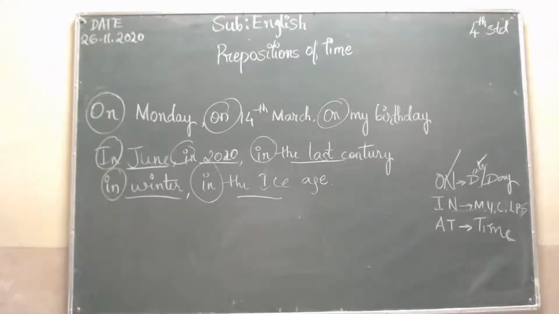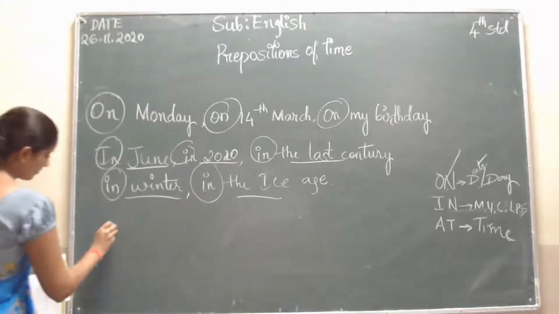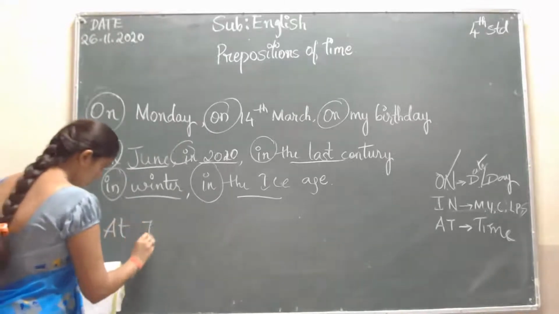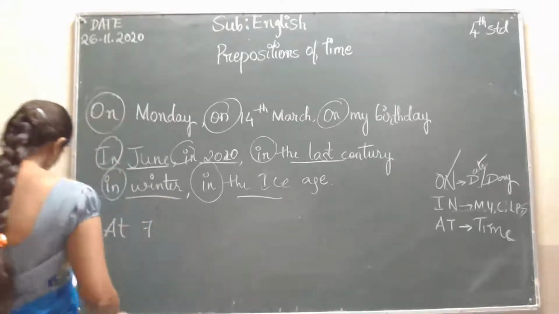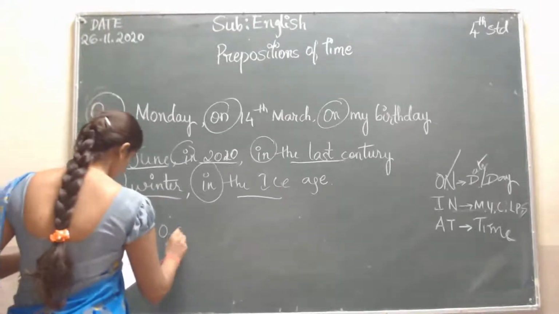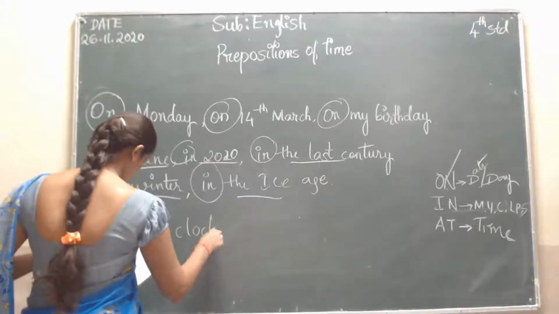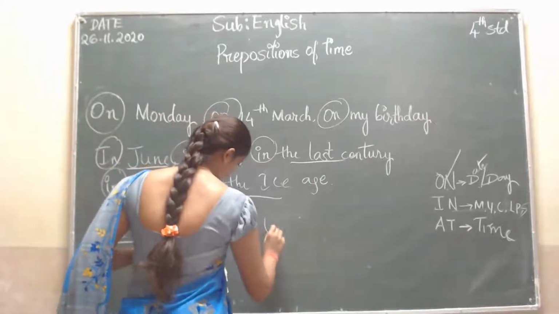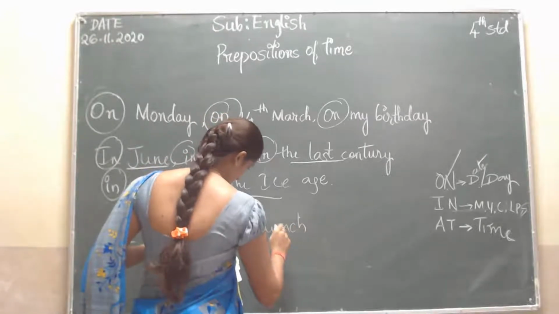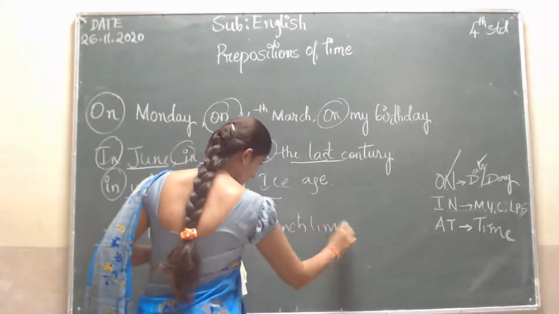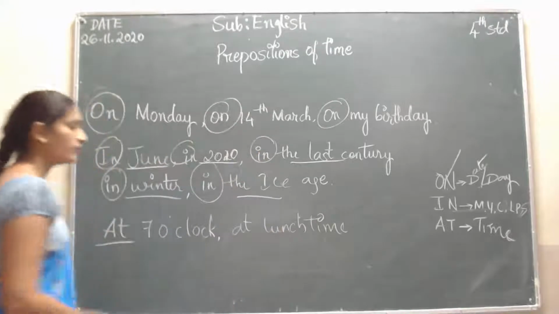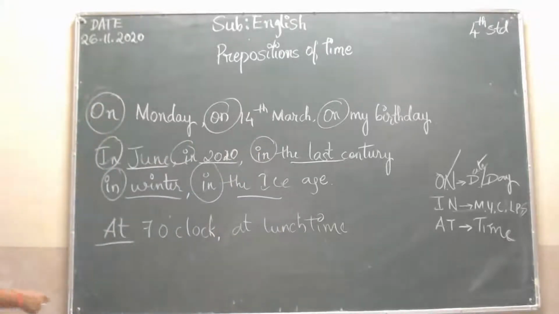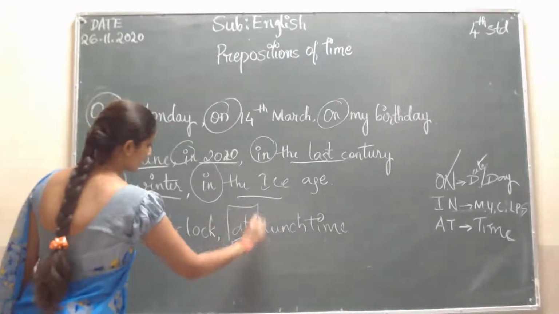So next is at, for an exact time, right? At 7 o'clock, at lunchtime. So why are we using this here? Just to show an exact time.